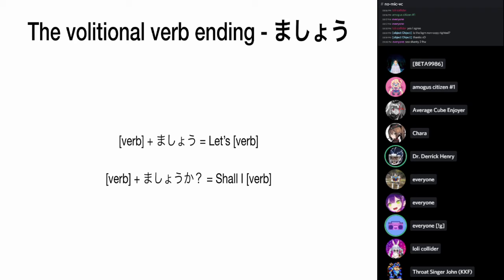So rather than ikimasu, which is I am going or we are going, ikimasho is let's go. And then you have masho ka is a suggestive question, which is shall I do this, probably for you. So shall I do this? Your verb stem plus the ending rather than mas or masen, masho or masho ka to have these two meanings.